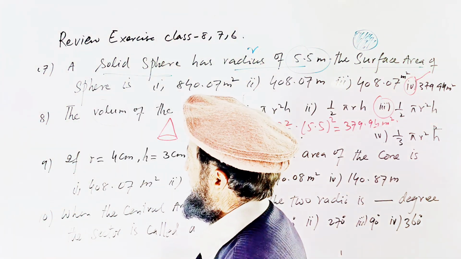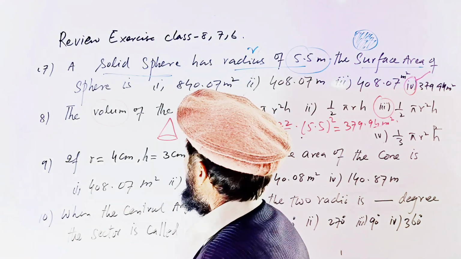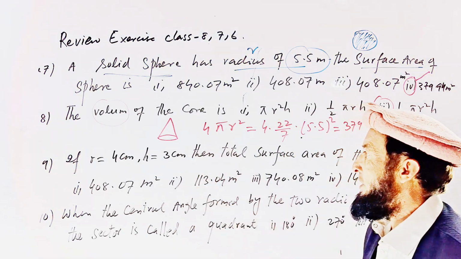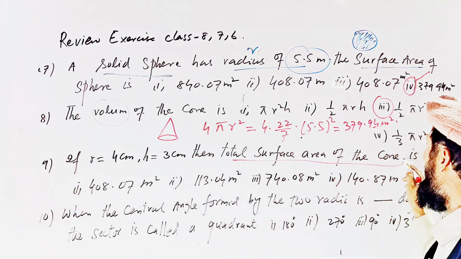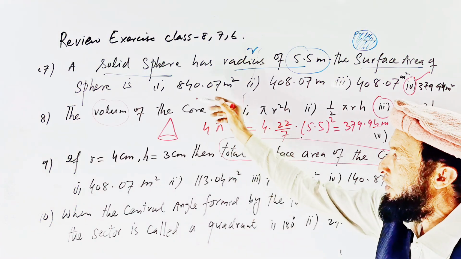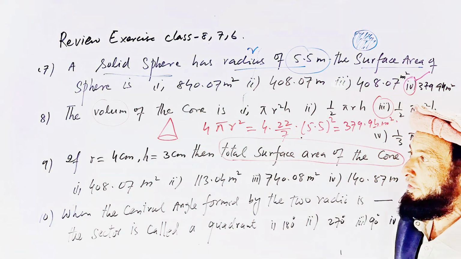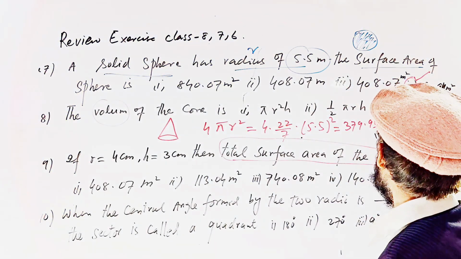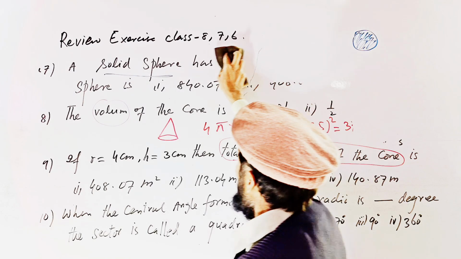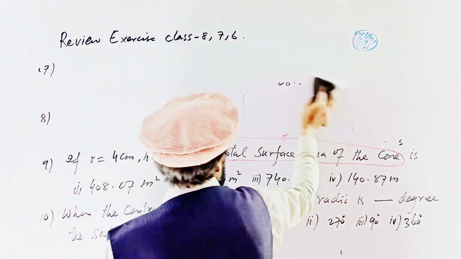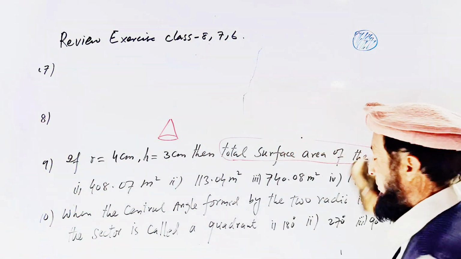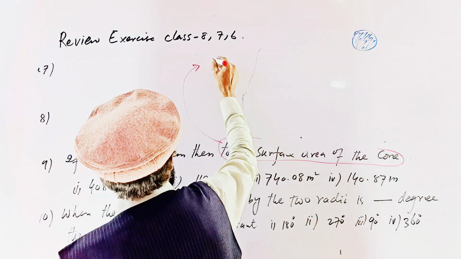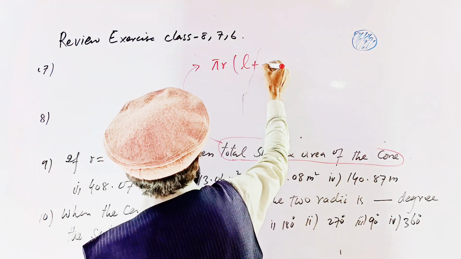Question number 9. If r is equal to 4 centimeter and height is 3 centimeter, the total surface area of the cone is required. So we use the formula pi r into l plus r.